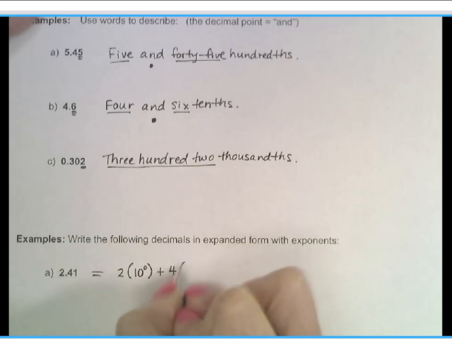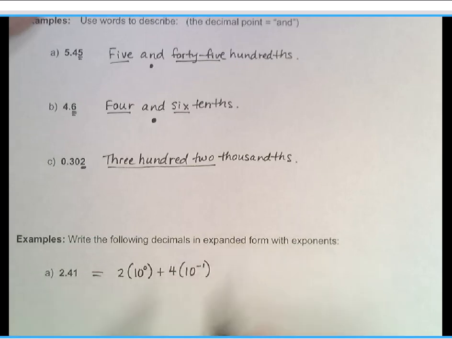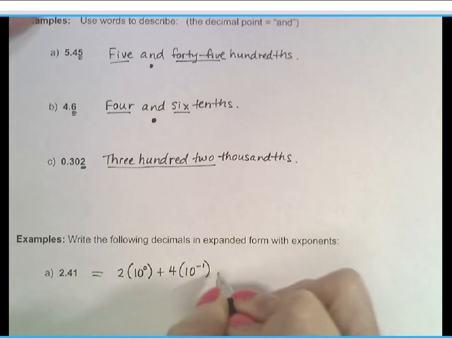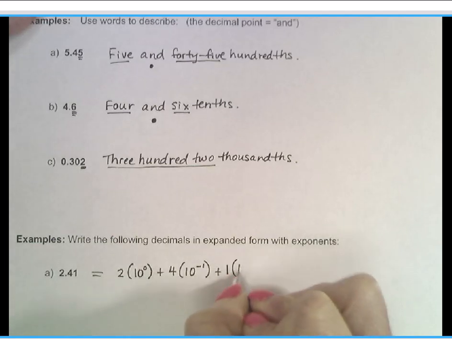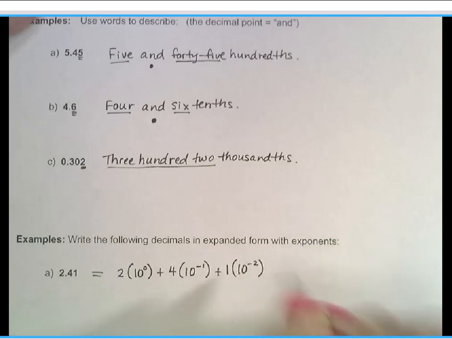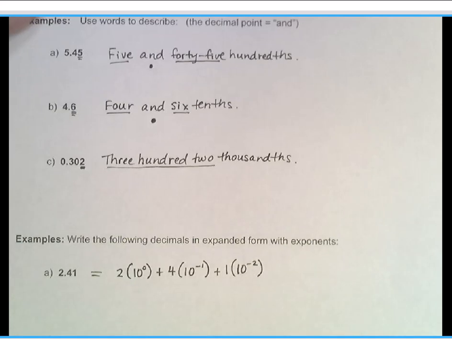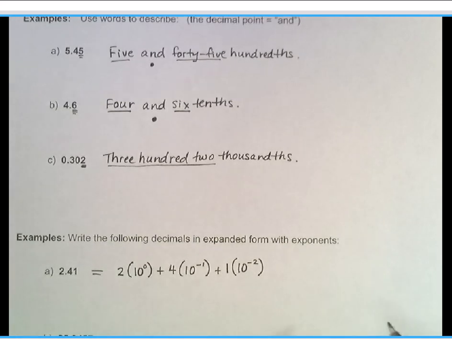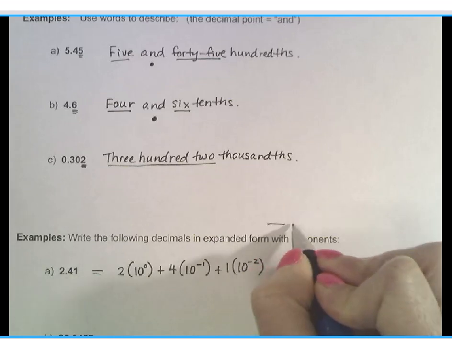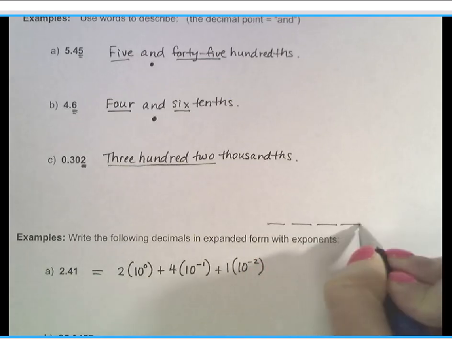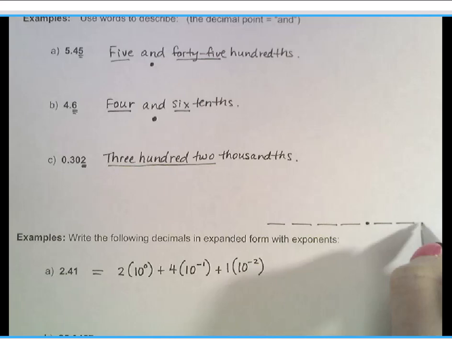Plus we have 4 in the first place behind the decimal, so 10 to the negative 1. And then we have a 1 in the second place behind the decimal, so that's 10 to the negative 2. So again, with your place values, if I wanted to write them up here, I'll just write out a few.